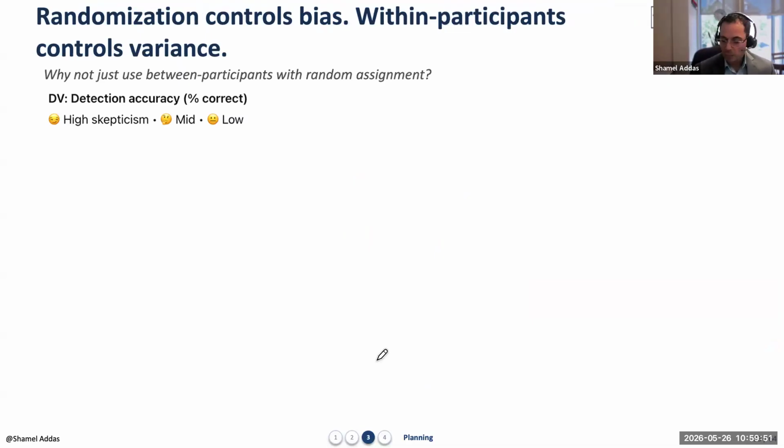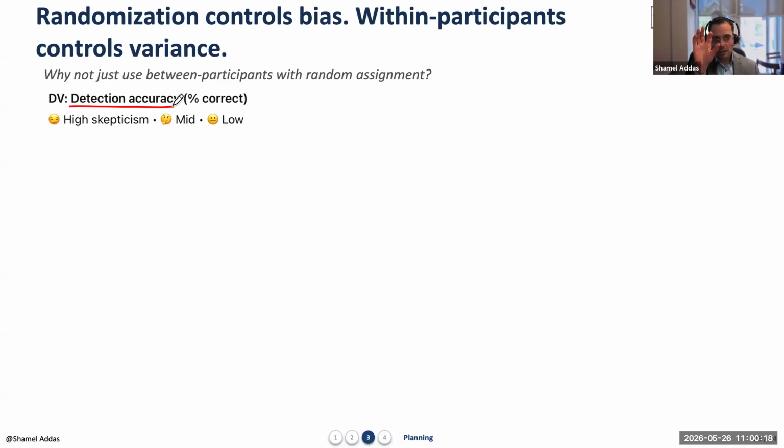First, before I talk about the order effect, let me talk about what happens when we're just randomizing versus when we're doing within participant design. Randomization controls bias, and within participant controls variance. All right. So let's look at this simple example. Let's imagine I'm trying to measure the detection accuracy, so detecting false news or misinformation in a post, let's say.